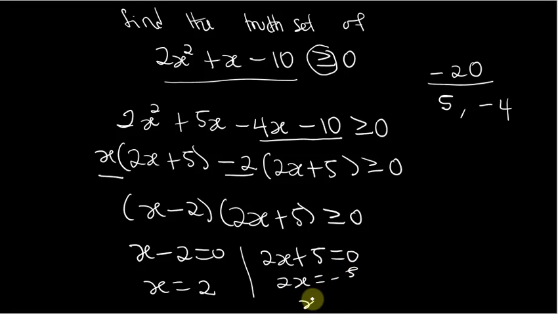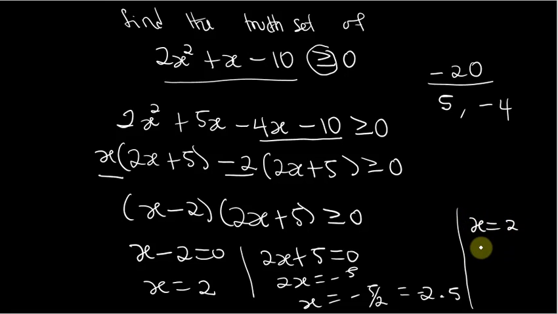And this will give us x being equal to minus 5 over 2, and that is minus 2.5. So the two values that we had when we solve this quadratic expression was x being equal to 2 and x being equal to negative 2.5.